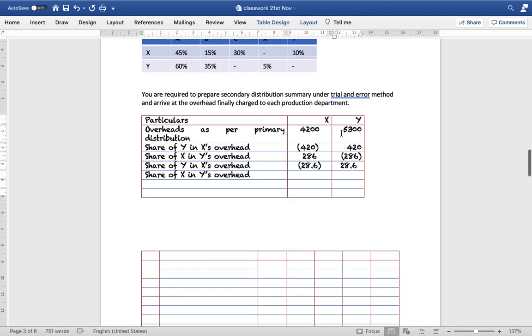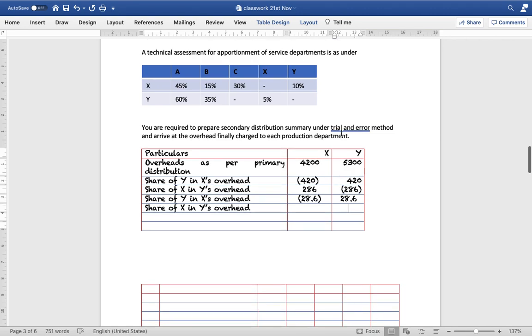So you have to find what is 5% of 28.6. So it is 1.43. So 1.43 goes to X.